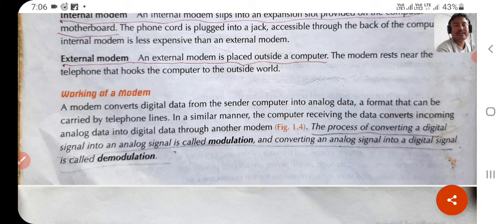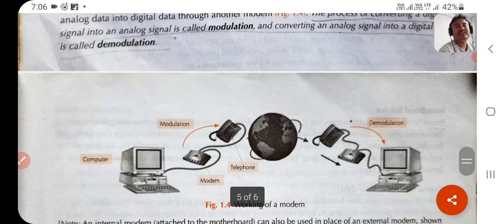In analog signal form, it is easy to send in pieces, and after reaching the destination, the modem will again collect the analog signal and convert it into a digital signal. The process of converting digital signal into analog signal is called modulation, and from analog signal into digital signal is called demodulation.